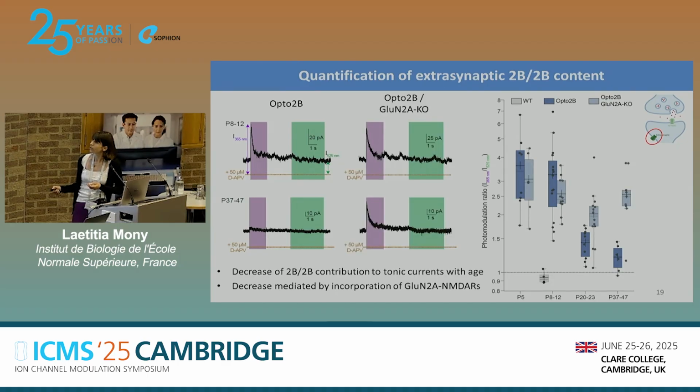We did the same experiments in Opto2B GluN2A knockout mice, and in these mice we observed a strong photomodulation at every age. So this shows that this decrease is indeed due to the incorporation of GluN2A-containing NMDA receptors, like for synaptic sites. And that was pretty new compared to what was said in the literature before.